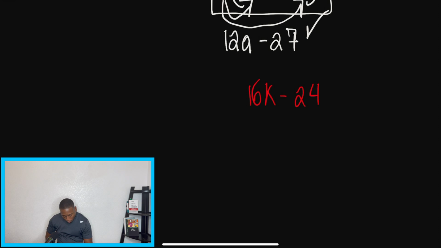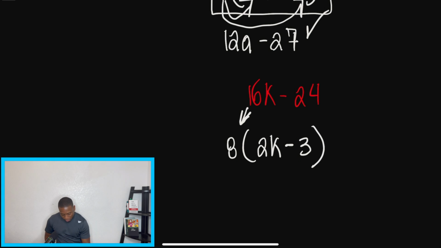So when I pull 8 out of this binomial, I'm basically dividing. So now 16k is going to turn into 2k, and then negative 24 turns into minus 3, aka negative 3, right?